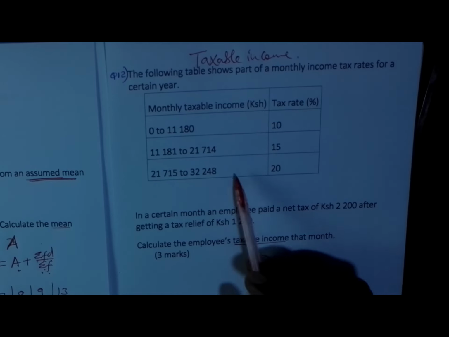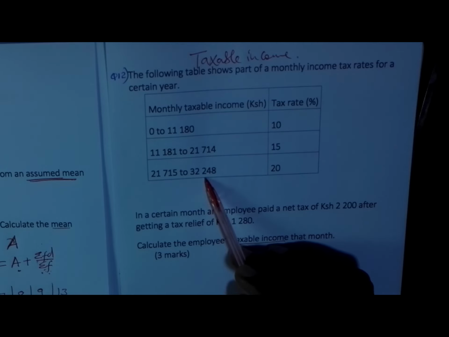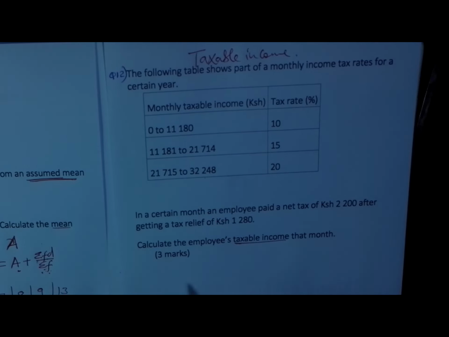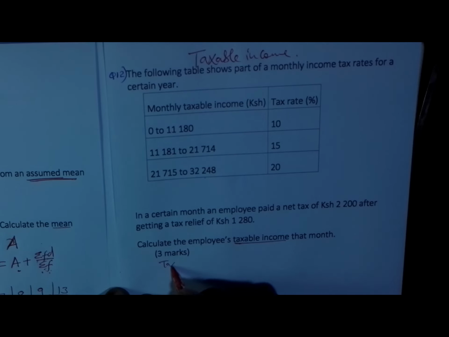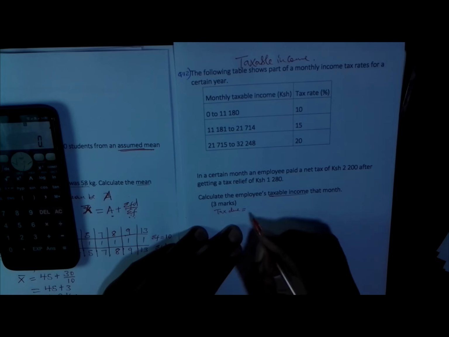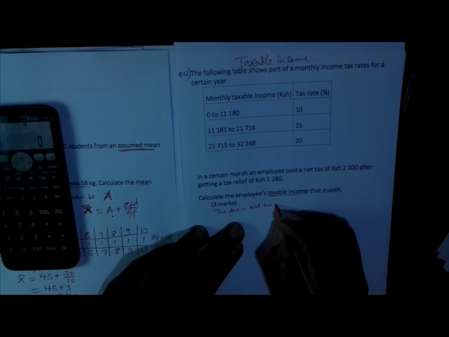So remember, we use this tax rate table to find the tax due toward the end of the month. And therefore, you know that tax due is given by the net tax plus the relief.